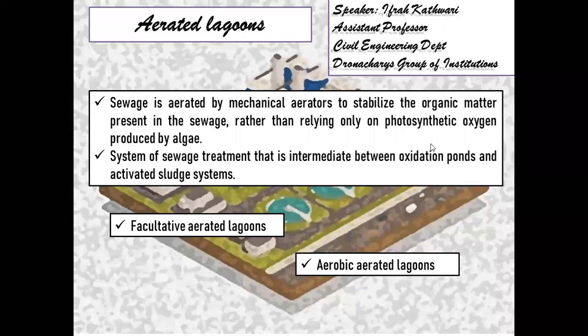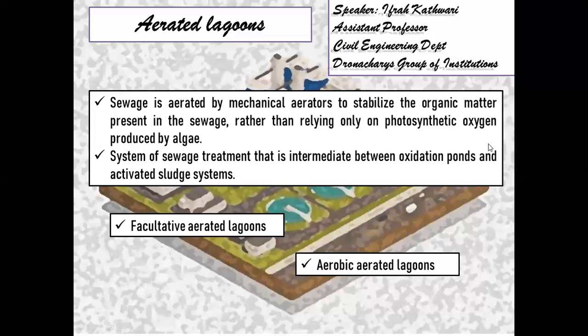After this, these aerated lagoons are of two types. One is the facultative aerated lagoon and one is the aerobic aerated lagoon. In facultative aerated lagoons, not all the layers are oxidized, or we can say not all are aerated.